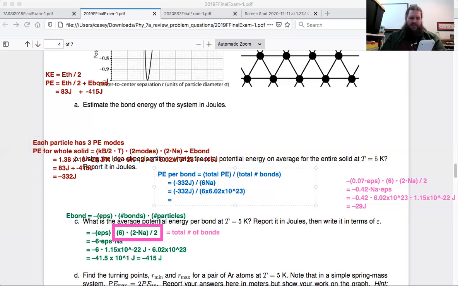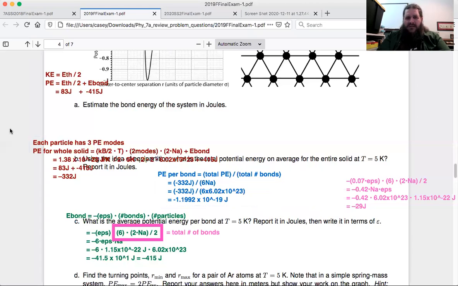So 332 divided by about 36. I'm getting about negative 11,991.92 times 10 to the negative 23rd. We can shift that decimal point over a bit: 1, 2, 3, 4. 4 makes it 19. So that's the potential energy per bond in joules.